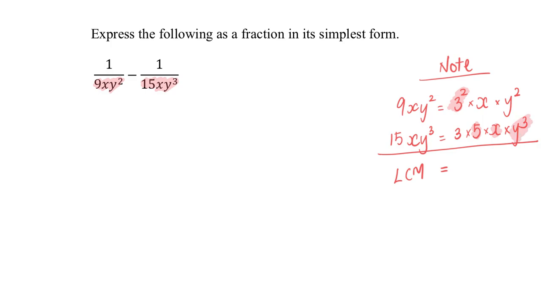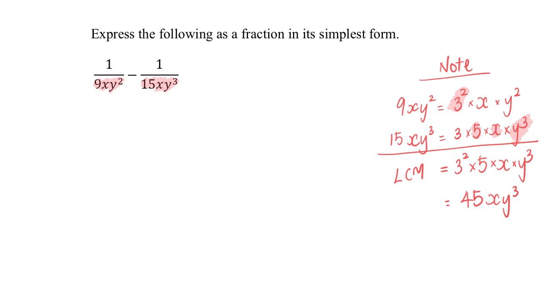And if I have a y power 2 and y power 3, I would select the y power 3. And therefore, the lowest common multiple will be 45xy power 3.